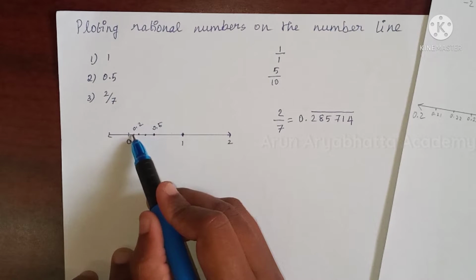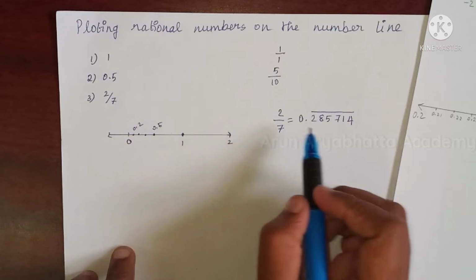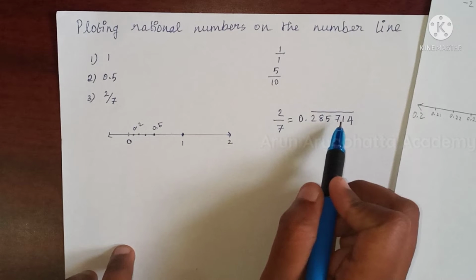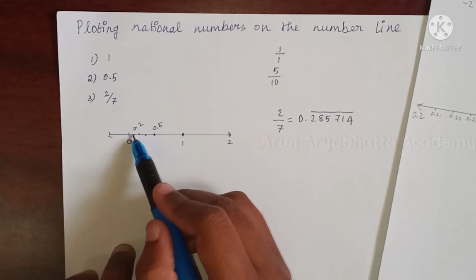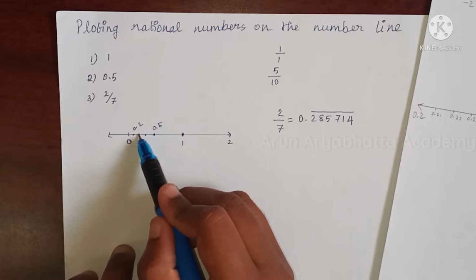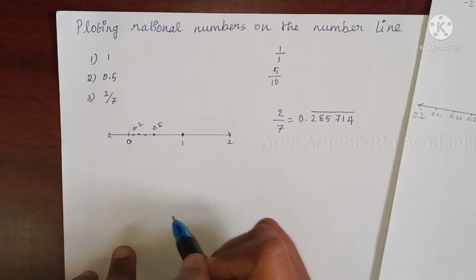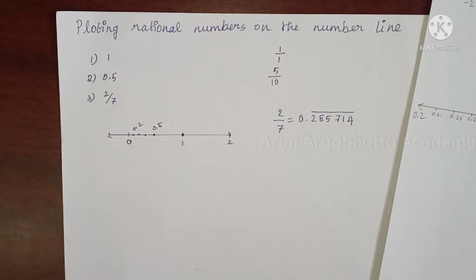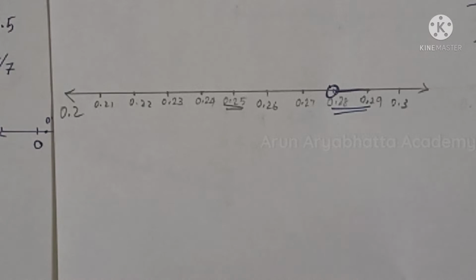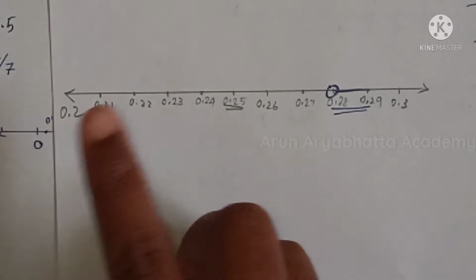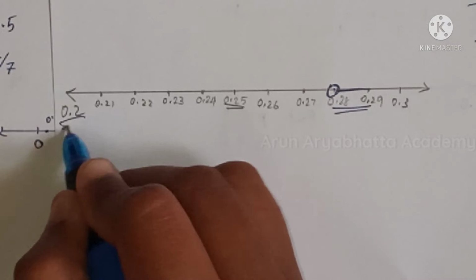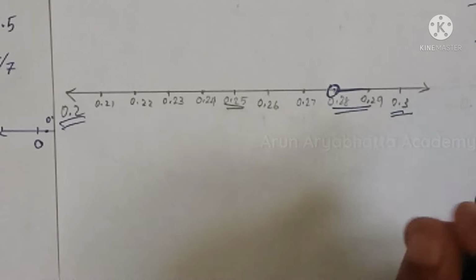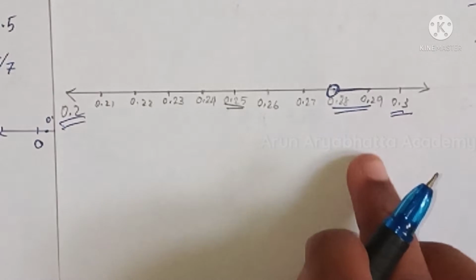This decimal number more accurately lies between 0.2 and 0.3. So we are going to zoom in on it. Here we have just zoomed in on 0.2 and 0.3. The number will be between these numbers.